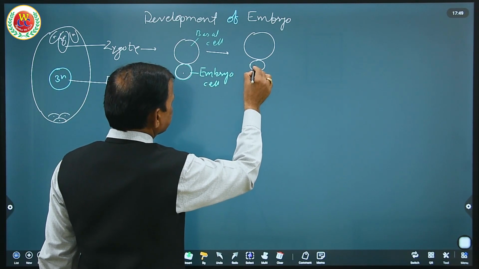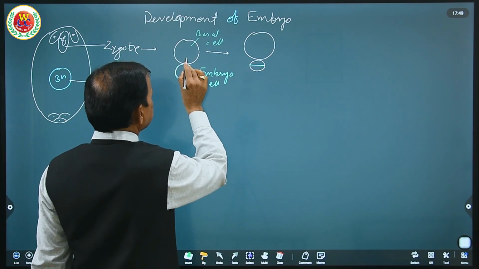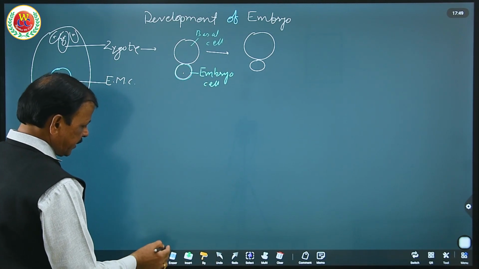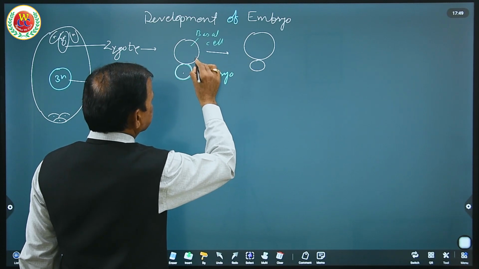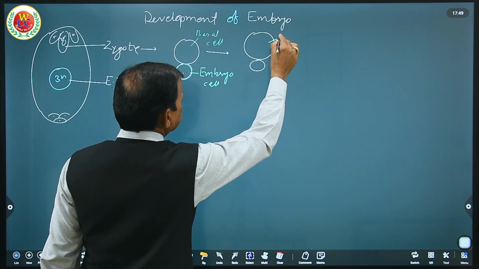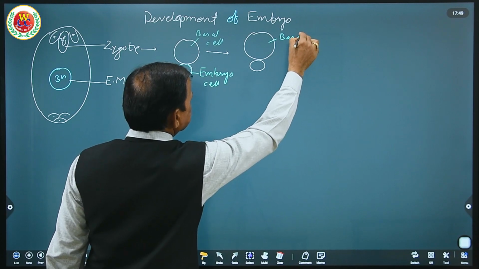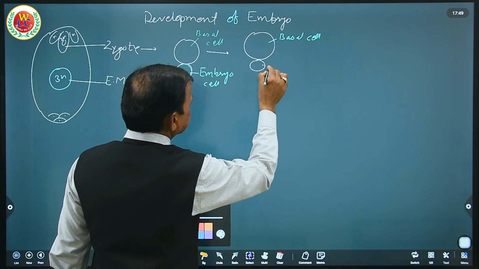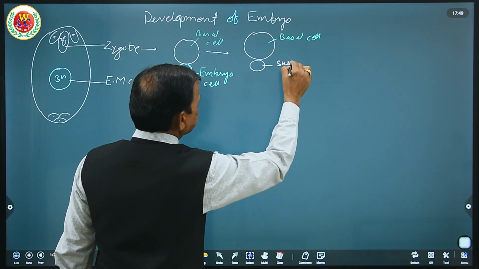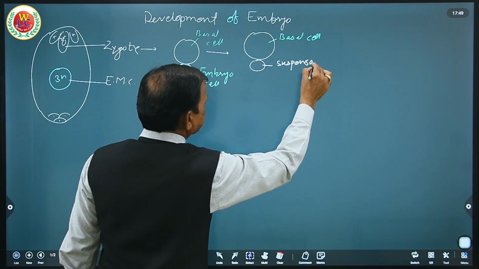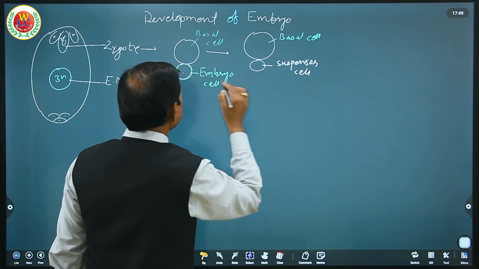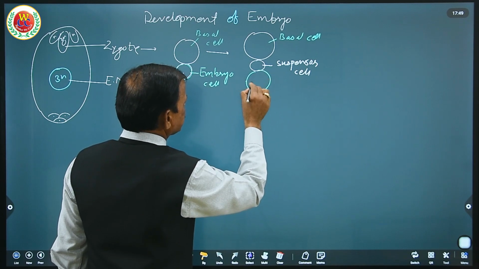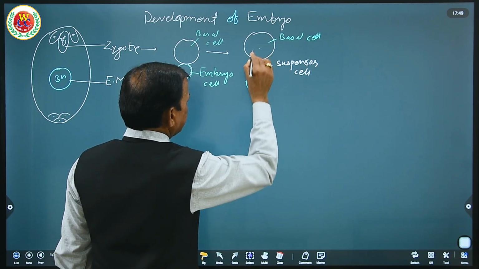Now this embryo cell divides transversely. When these divide and produce two cells, this one forms one large cell. Again this will continue to be a basal cell, and this one is the suspensor cell, and this cell divides transversely, producing a two cell stage called embryo.